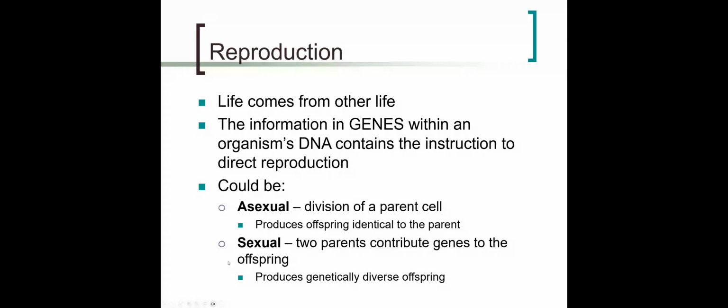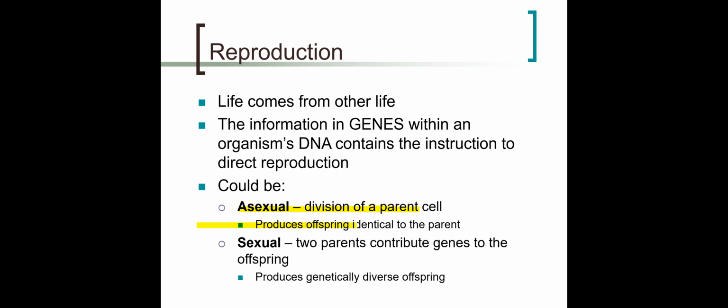This reproduction can be either asexual or sexual. It doesn't necessarily mean having sex. It has to do with where the information comes from. In asexual, there's only one parent. One parent is dividing to form new organisms, or one parent is budding to form new organisms. So essentially one parent cell is going to give rise to the offspring.